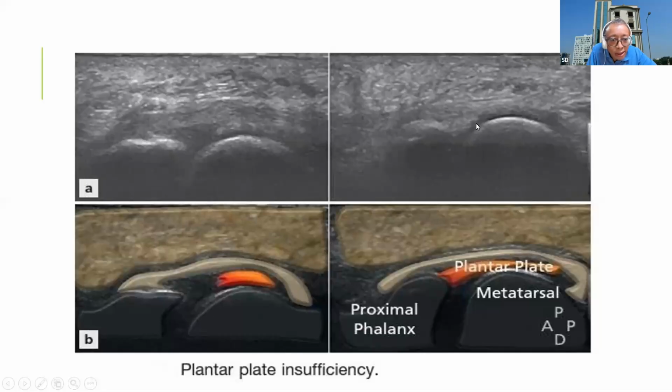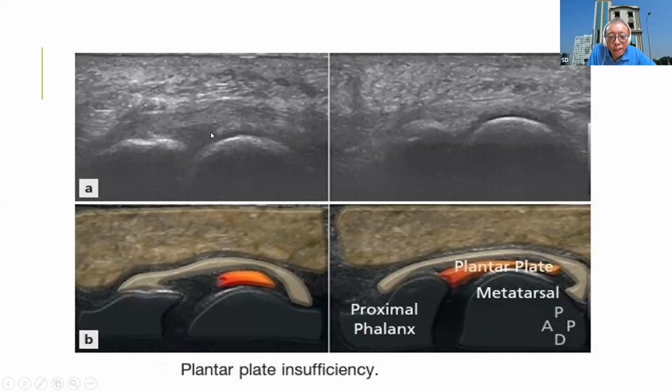This is the metatarsophalangeal joint, and just over it you can see the normal, grainy, homogeneous structure, that is the plantar plate. But if you see the left side of the picture, you can see there is loss of this grainy, homogeneous structure just over the metatarsophalangeal joint. Instead, there is an anechoic black shadow over the joint.